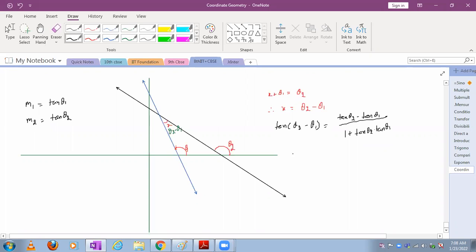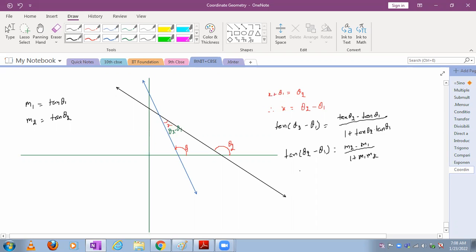Trigonometry was completed so many days back. So tan of theta2 minus theta1 is equal to, tan theta2 is m2, minus m1 by 1 plus m1 m2.